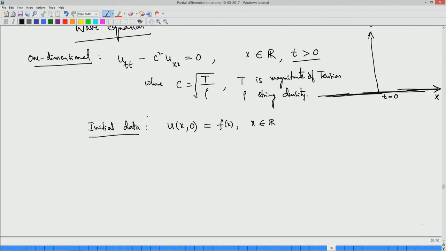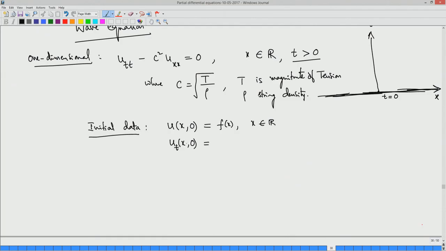And also because it is second order, with a second order t derivative, we should provide two conditions for the initial data. So you provide the velocity of this string at t equal to 0, u_t(x,0), which is du by dt.